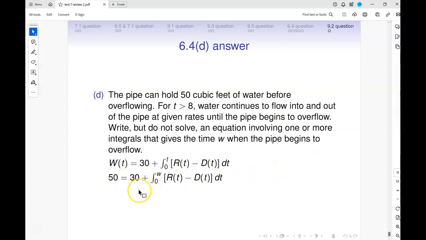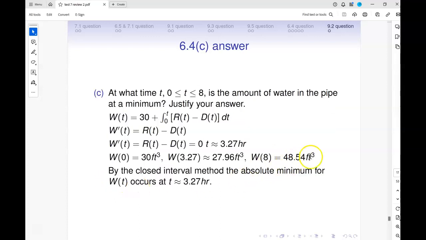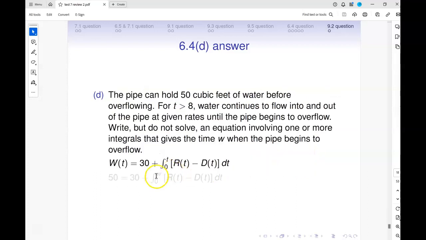But you could have also done this 50 here. And instead of 30, you could have done 48.54 plus the integral from 8 to W of R of t minus d of t dt. Like that would be acceptable also, I'm sure.